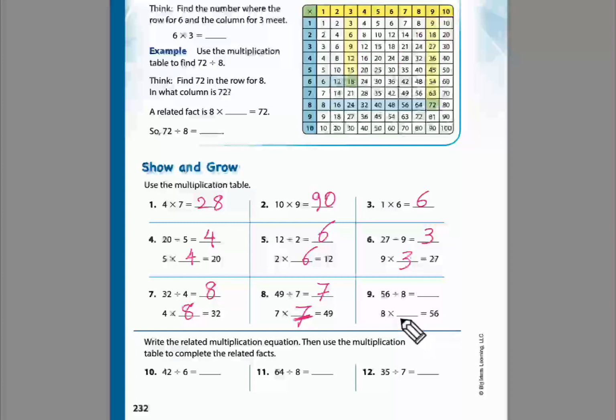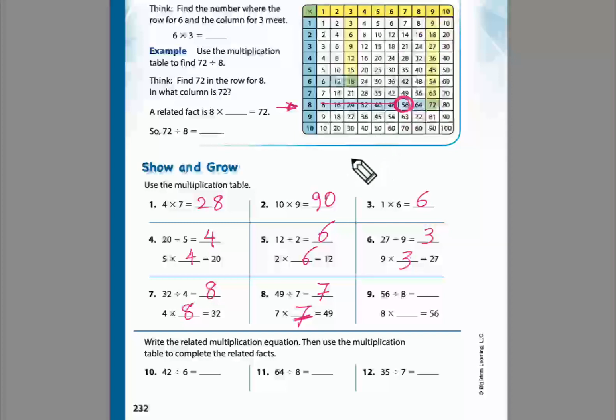We have to see the multiplication table of 8. The row for 8. This row. Okay. And what number should we find here? We have to find 56.